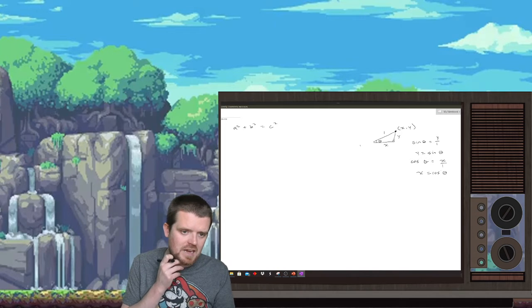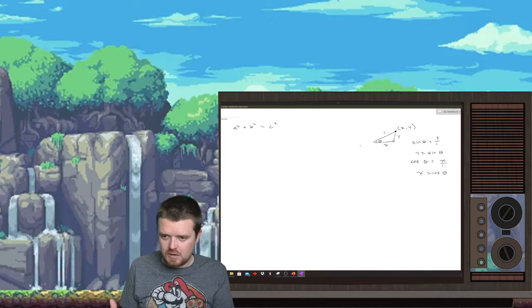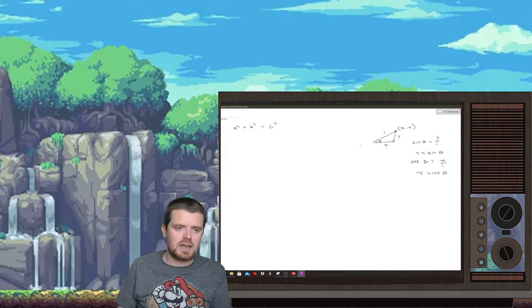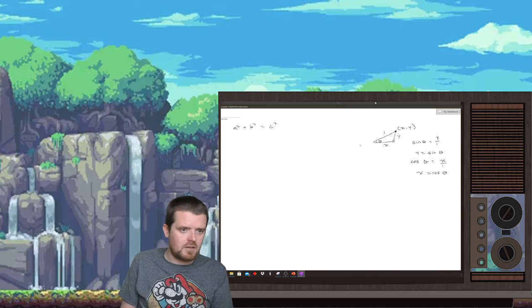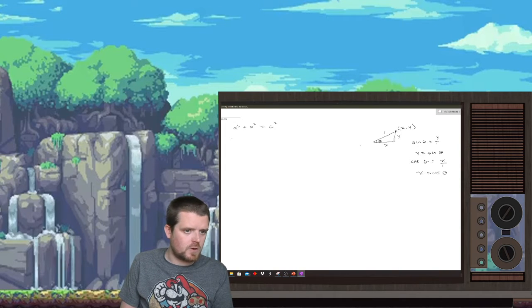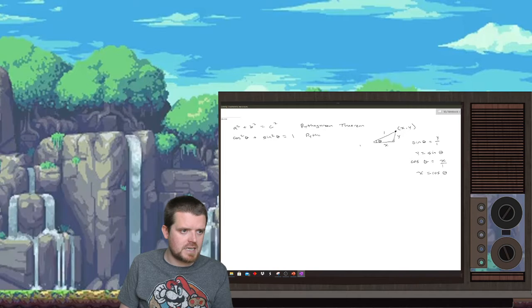Now, if we use substitution for trigonometric values, x being cosine theta, y being sine theta, and 1 being the hypotenuse, then for any right triangle on the unit circle, we end up with cosine squared theta plus sine squared theta is equal to 1 squared, or just 1. This first is the Pythagorean theorem. The second here is what's known as your Pythagorean identity.